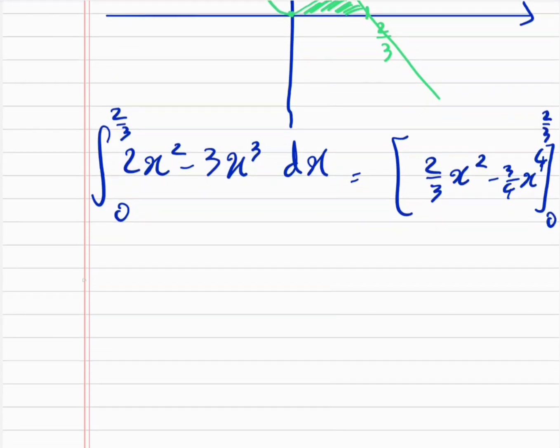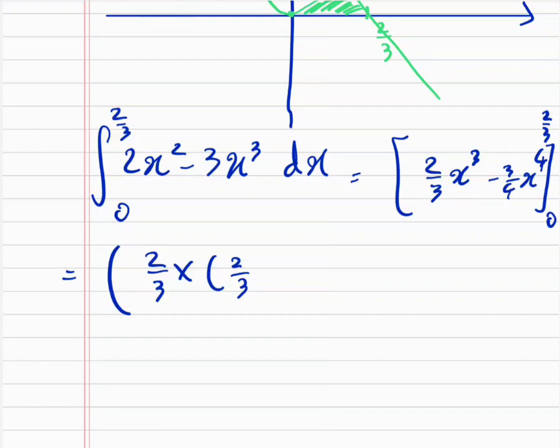So now it's about substitution. We first substitute the upper limit, and minus the lower limit substituted. So we have 2 over 3 times 2 over 3, oh yeah, actually here the power is 3, I forgot to write 3.